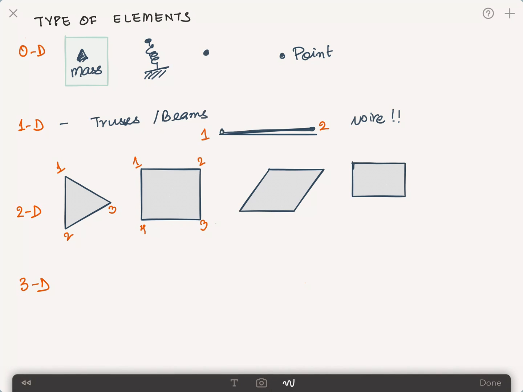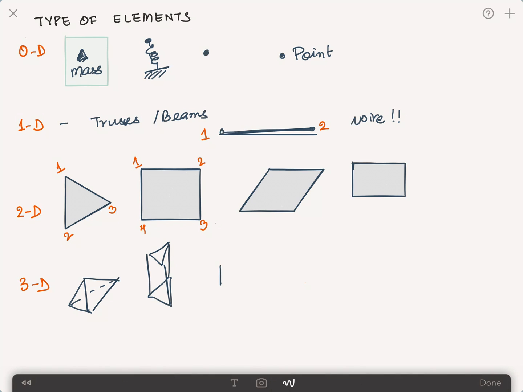Finally, you also have three-dimensional elements. These three-dimensional elements occupy three-dimensional space. So if I consider a triangular structure being extrapolated to a three-dimensional structure, we can get some kind of a prism, or we can also get a triangular structure just being extruded up in space. So you get kind of another three-dimensional structure.